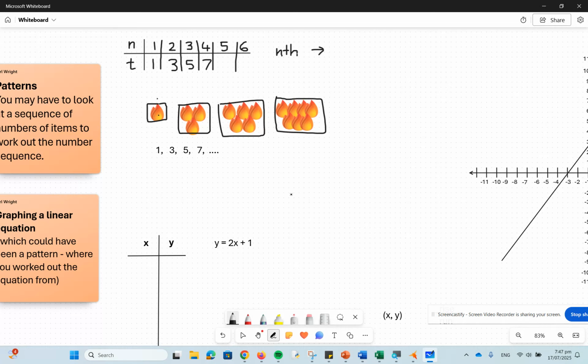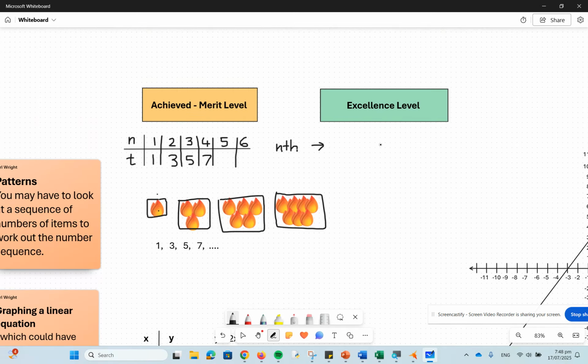That is what you're trying to find to get excellence: look at the number pattern and not just guess what the next 2 numbers are, which is like achieved. I can guess that it seems to be going up by 2, from there to there, and from that term to that term is going up by 2.